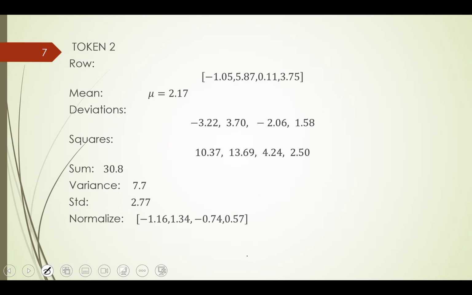What I mean by first row is the first token, the first word, which is I in our sentence. For the second token, like, we do the same. We get mu, subtract each value from mu, square them, and divide by the number of features, which is 4 in each row, and we get 7.7 and a standard deviation of 2.77.